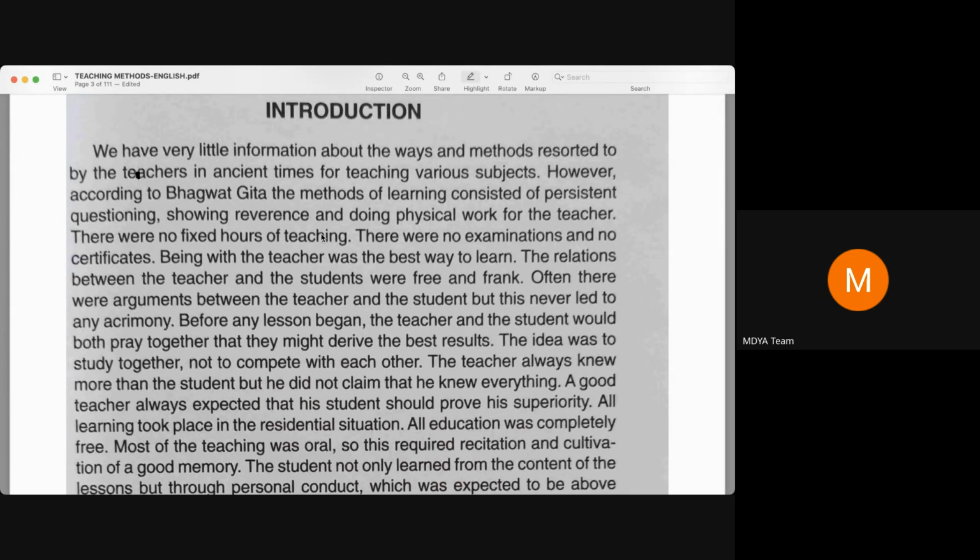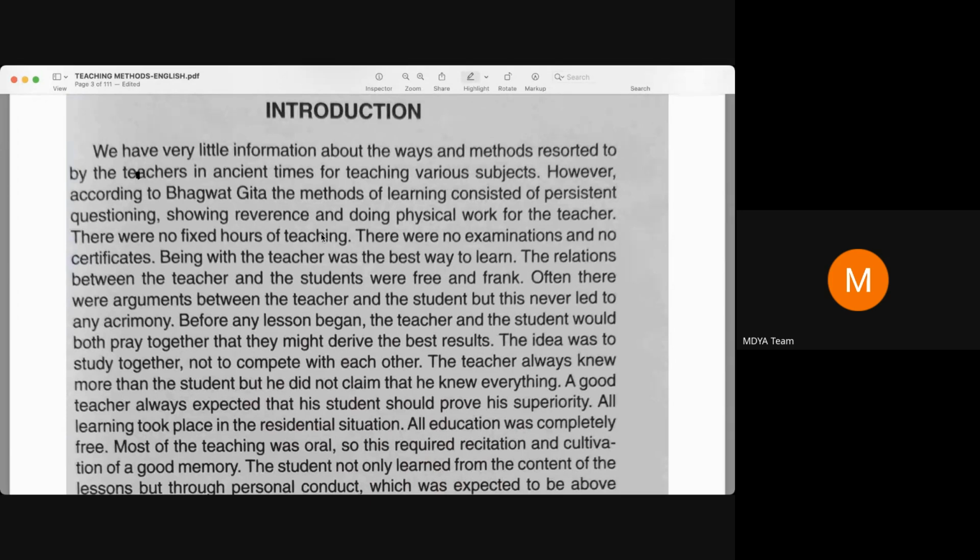There may have been arguments between the teacher and students also, because if the student did not agree with what the teacher said, he or she might oppose it. But this never led to any acrimony.